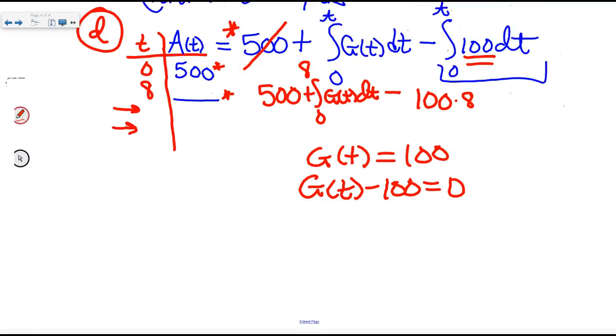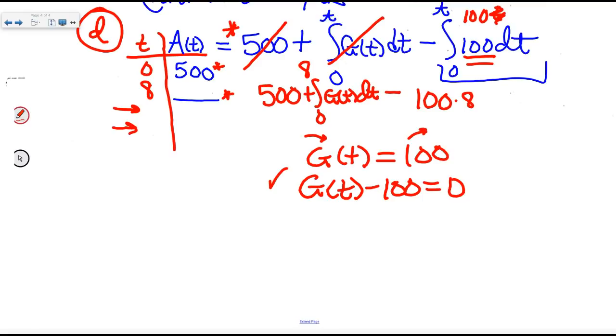The derivative of this would be G of T. The antiderivative of 100 is 100T. Its derivative is 100. So this would fall out with the calculus, but I really just want you to think rate in has to equal rate out. If that never happens, the maxes and the mins are at the endpoints.